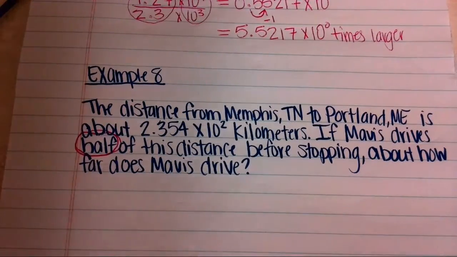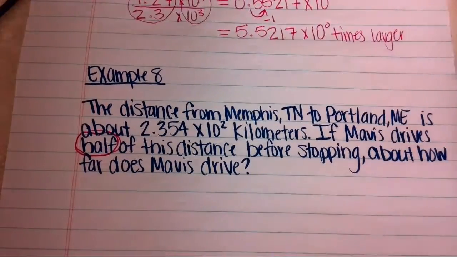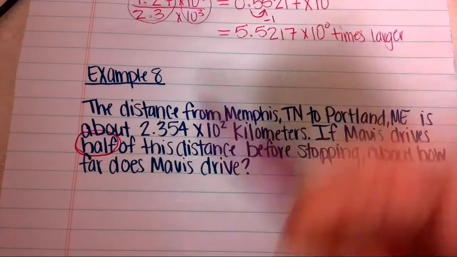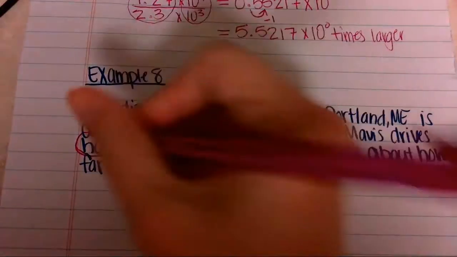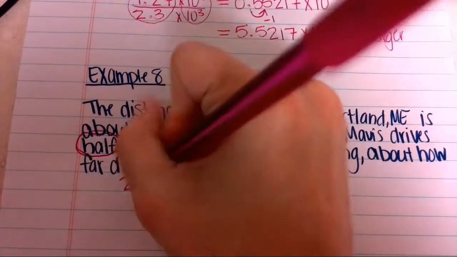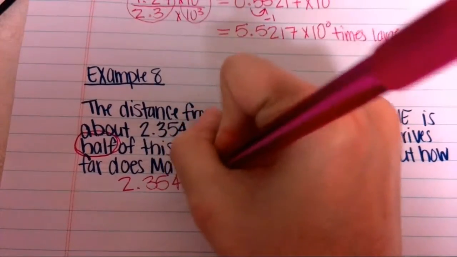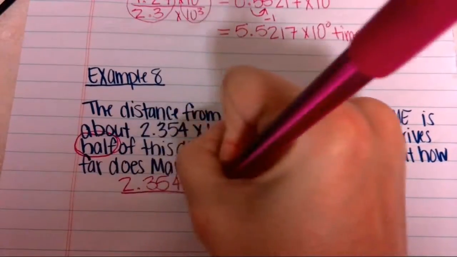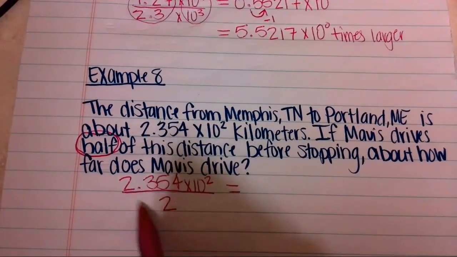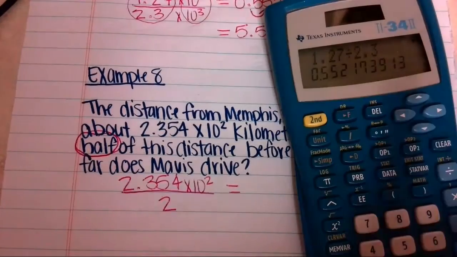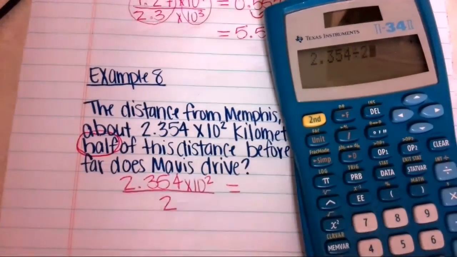This is one of the nice ones where we don't have two scientific notations. We end up with scientific notation and a regular number, which will be 2. So I have 2.354 times 10 squared divided by 2. Okay, again, we don't expect you to do this in your head. So 2.354 divided by 2.